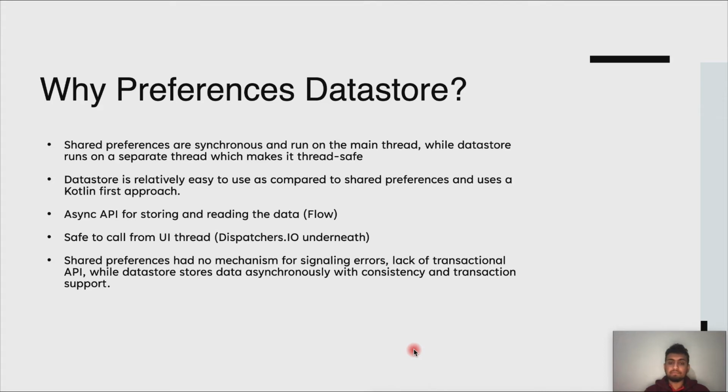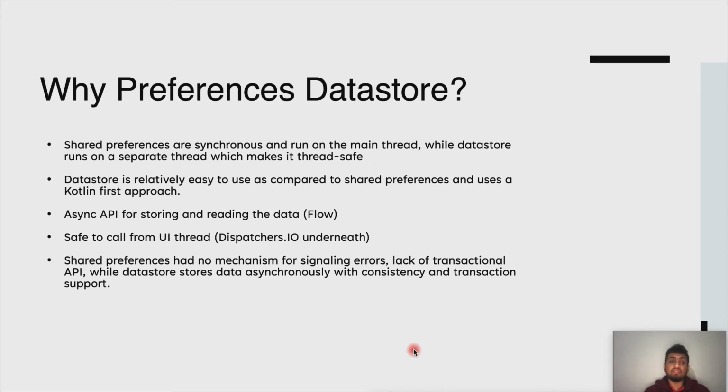The last thing is that shared preferences had no procedure of signaling errors, which means that if an error occurs while reading or storing data, there is no procedure in shared preferences that can help you find the error.